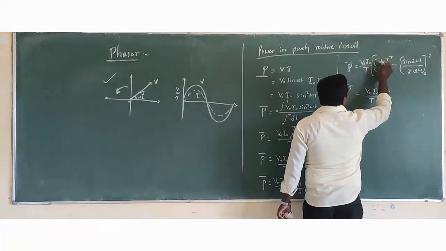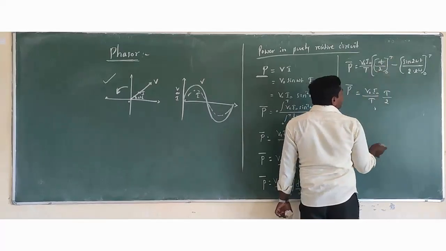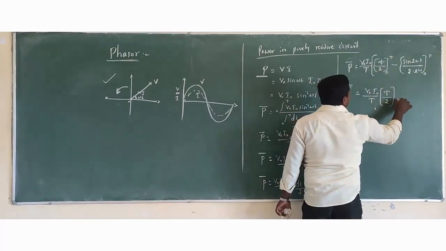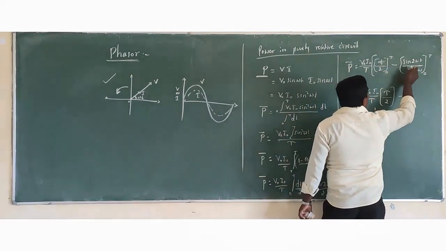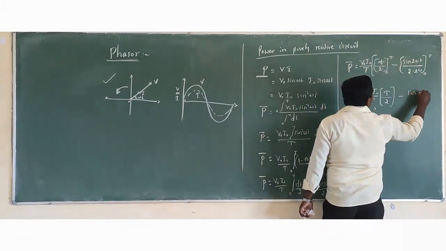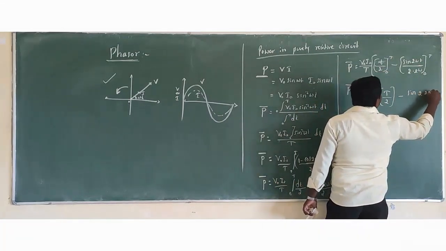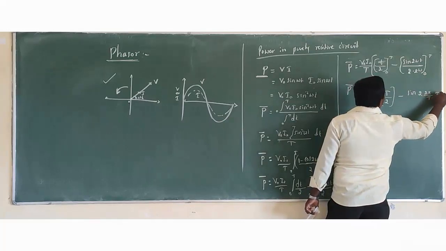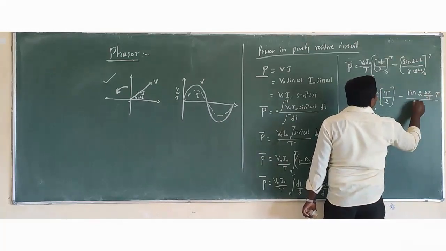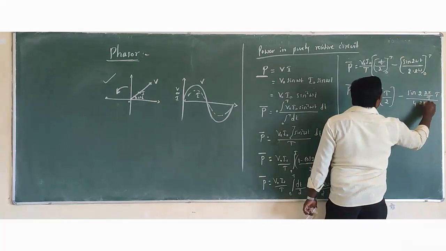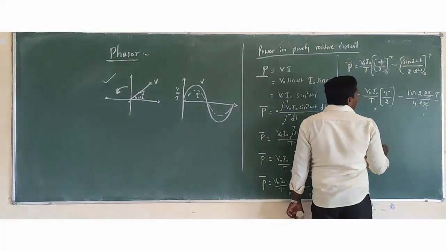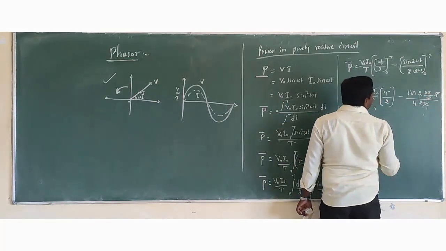minus, if we substitute 0 here, 0 divided by T is 0, and at the upper limit we are going to get sine of 2 pi divided by T into T divided by 4 pi divided by T, and this T gets cancelled.